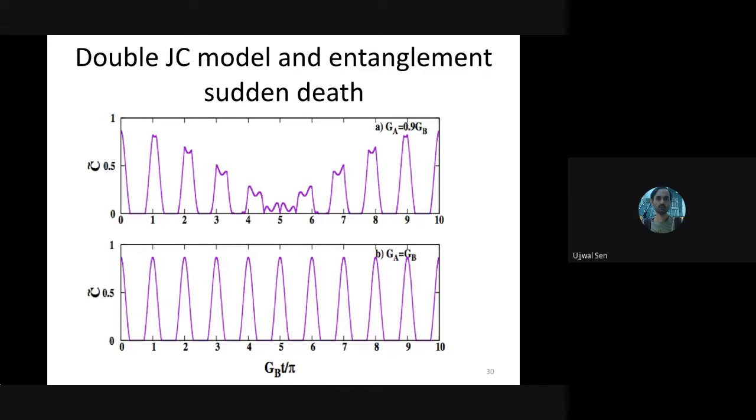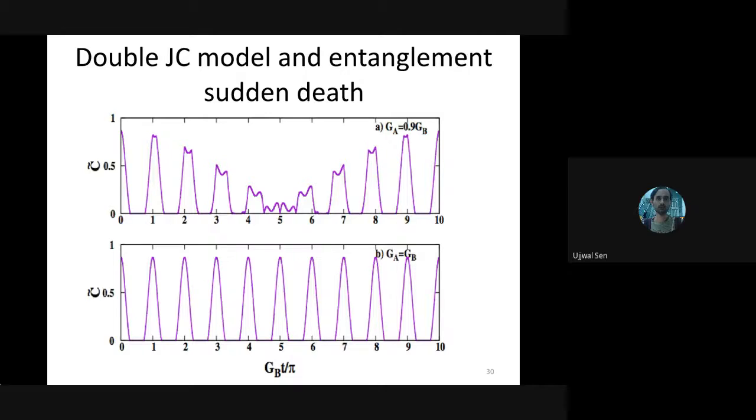This phenomenon has been well known for some time, and it has been called entanglement sudden death. The entanglement plunges to 0 suddenly. The derivative of the curve with respect to time has a discontinuity. This happens also in the upper panel, but let us focus only on the bottom panel.